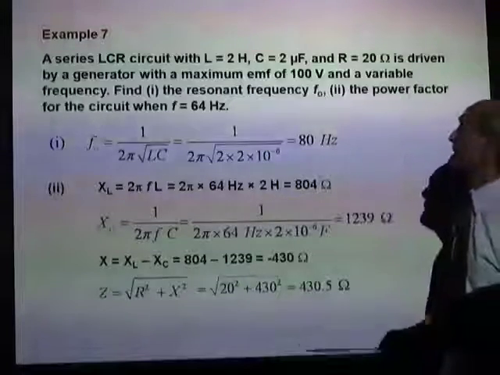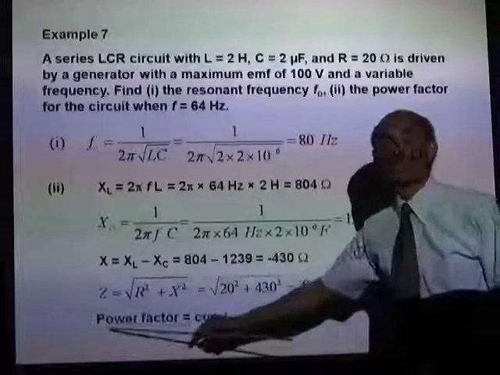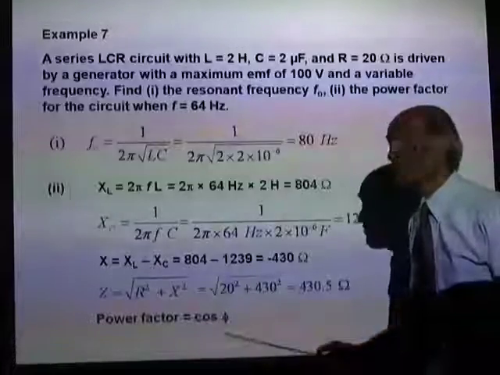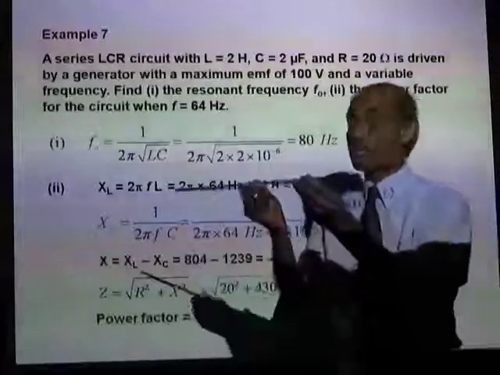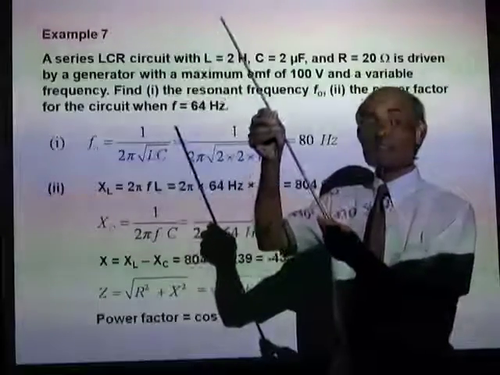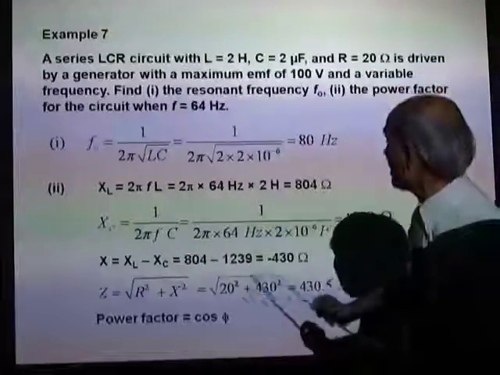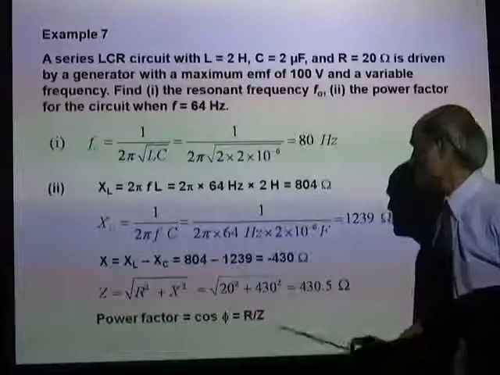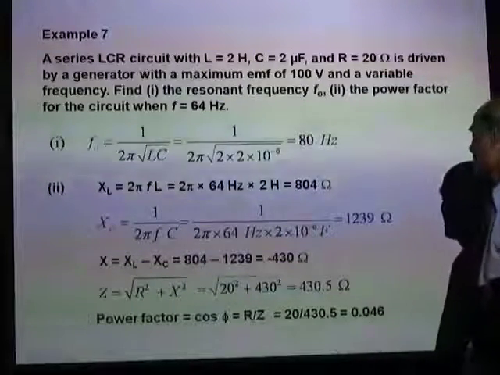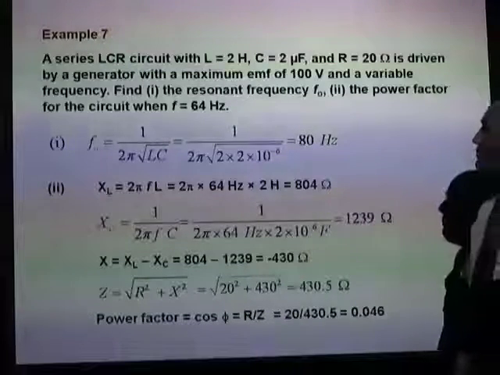We need to find the power factor. The power factor is cos phi. If you remember that diagram we had, cos phi is R divided by Z. So we have R and we have Z. Therefore, cos phi equals R over Z. That will be 0.046.